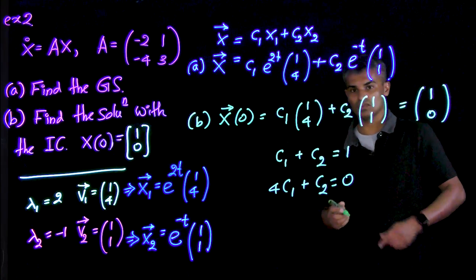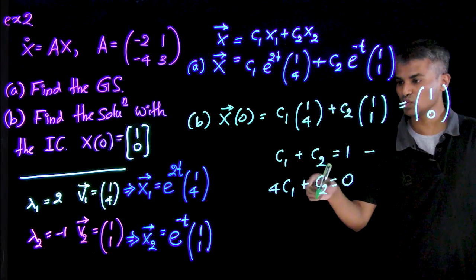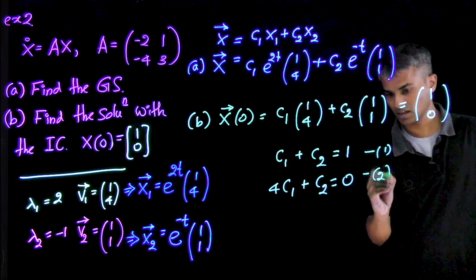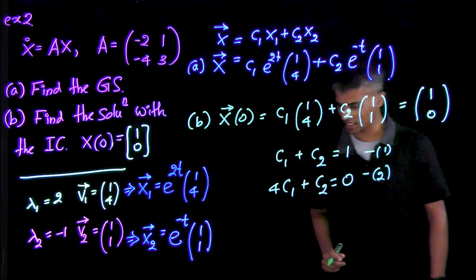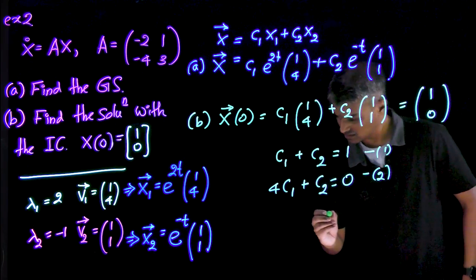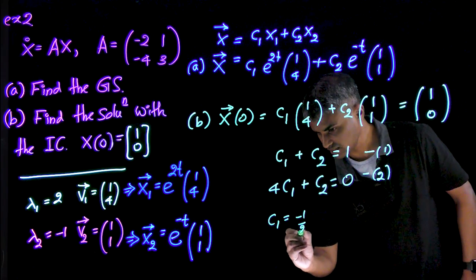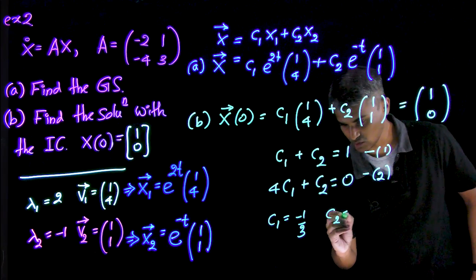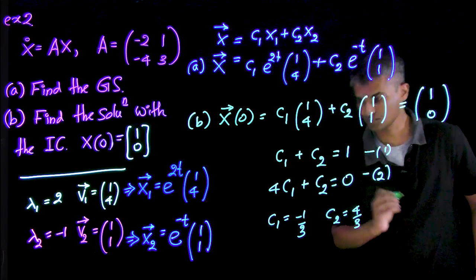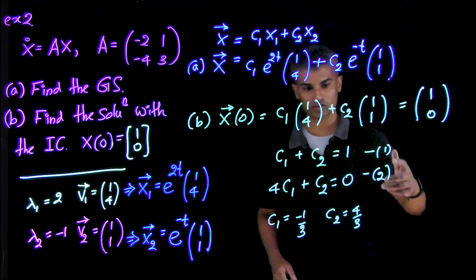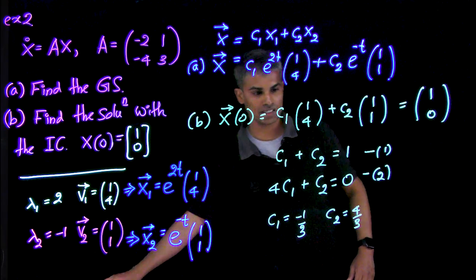So now we have two equations with two unknowns, and if you solve this system, you should get c1 equals -1/3 and c2 equals 4/3. It is not difficult to solve this system.